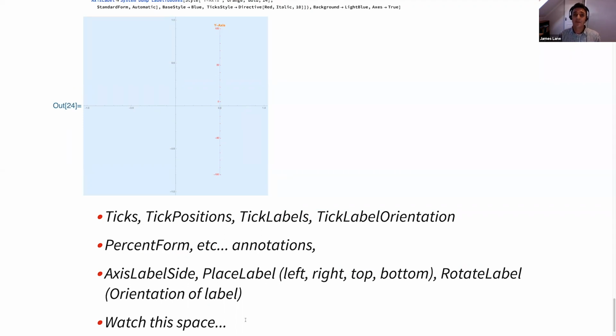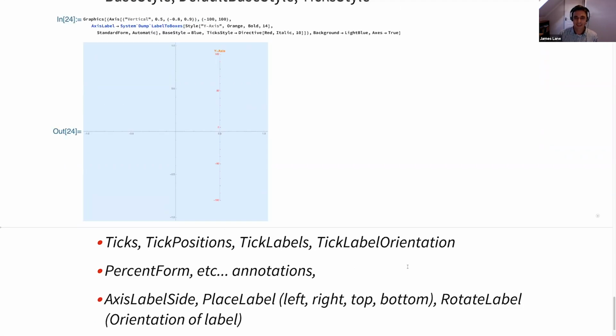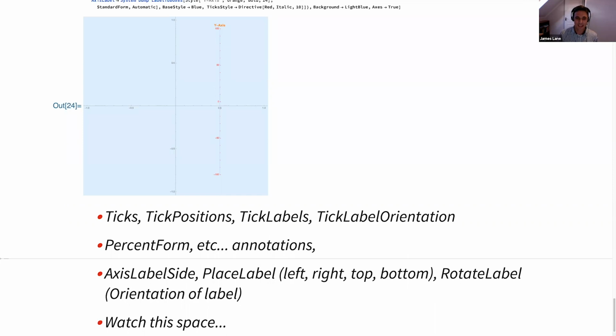This feature should arrive in version 13 proper, but the startings of it are in version 12.2. So I'd love to show you more and more of these options, but time will catch me.